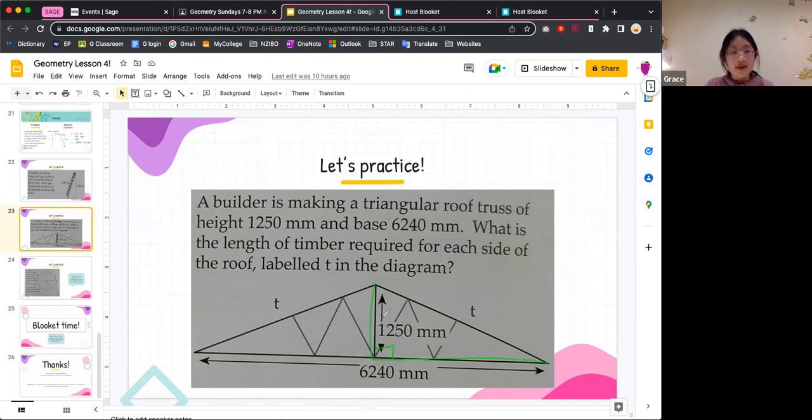We already know that this side right here is 1,250. However, the bottom side, we're not given straight away. I see someone's 3,361.